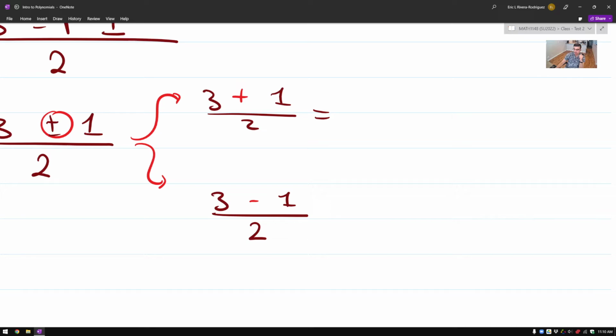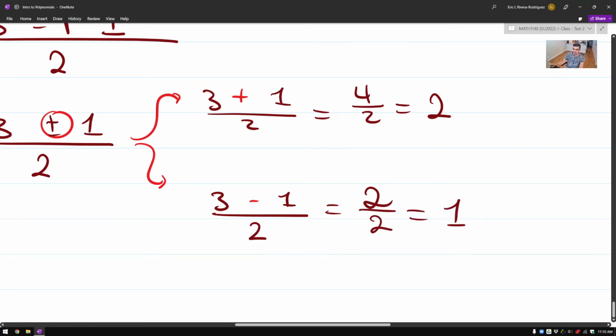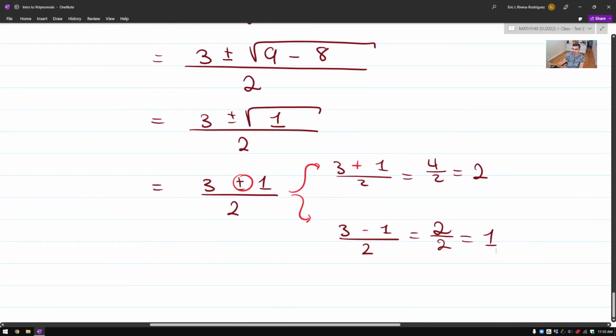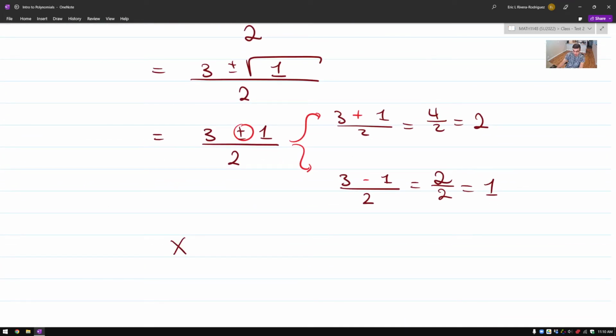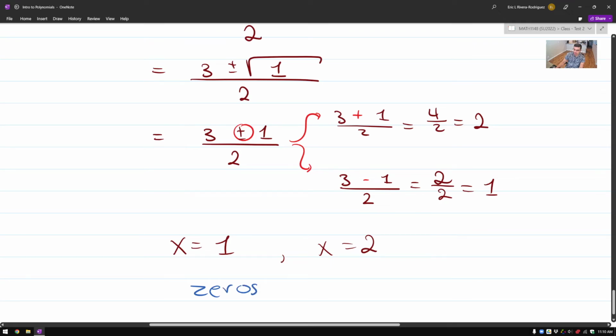One, 3 plus 1 is 4, 4 over 2 is just 2. 3 minus 1 is 2, 2 over 2 is just 1. So with the quadratic formula we got two x values. The two zeros are positive 1 and positive 2. So we got the zeros from the quadratic formula.